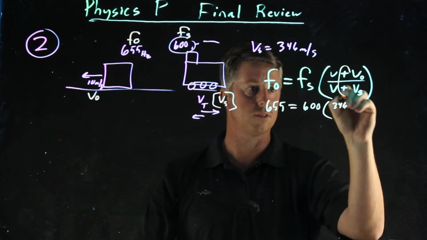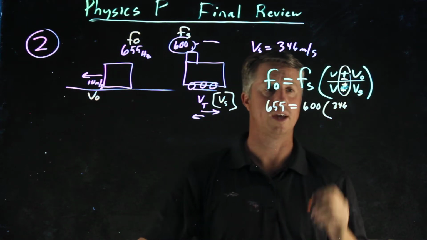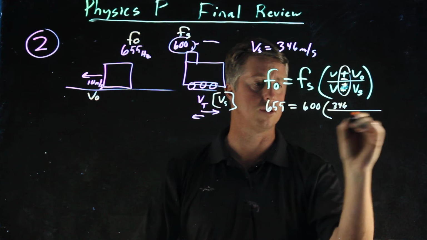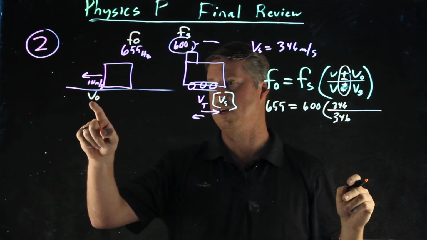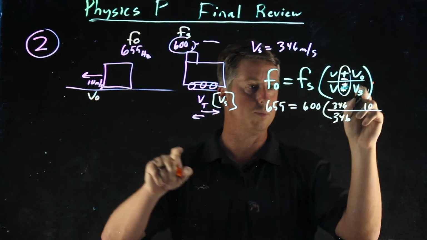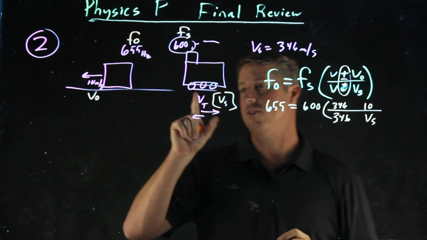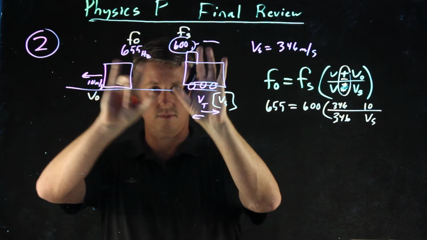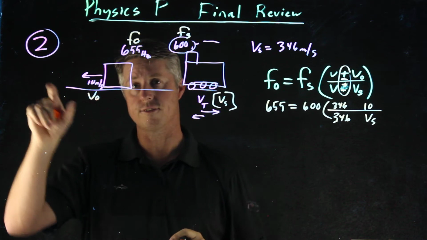I actually like to write the equation with plus or minus. We have to decide upon them, so we'll come back to it. 346, the speed of the observer is 10. The speed of the source is unknown, so we'll write v of s. In this case, the observer is moving away from the source.